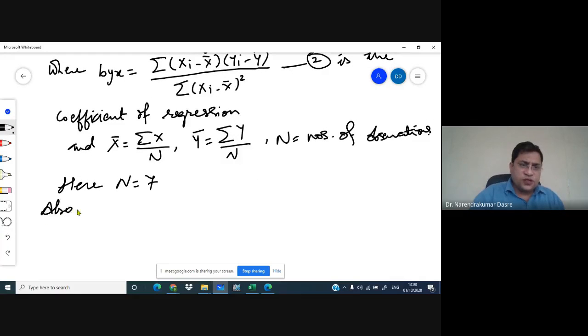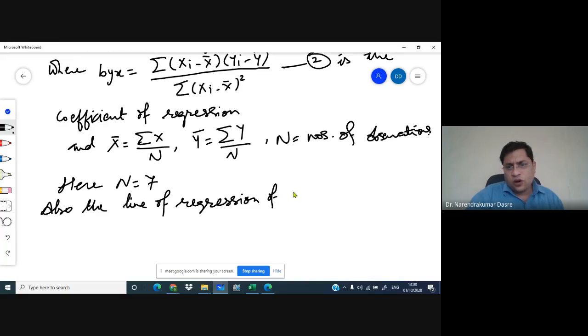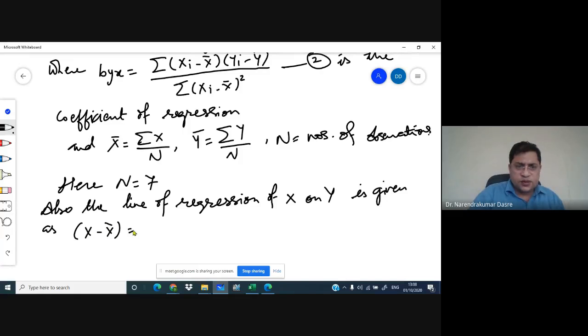Also, the line of regression of x on y is given as x minus x bar is equal to bxy into y minus y bar.